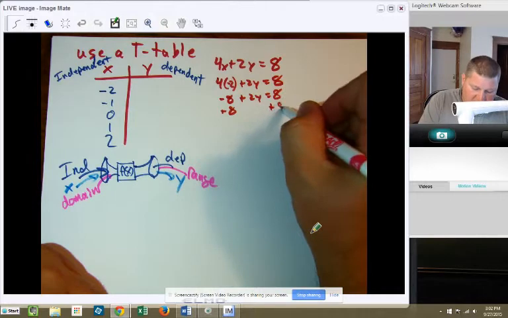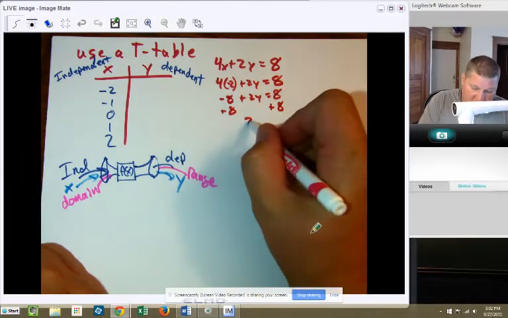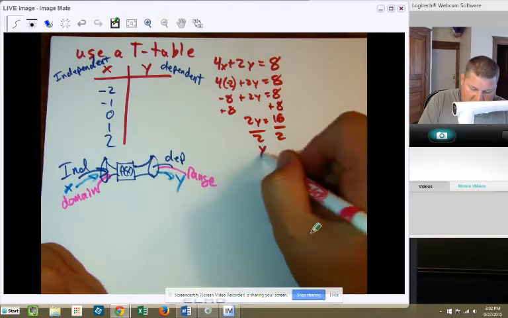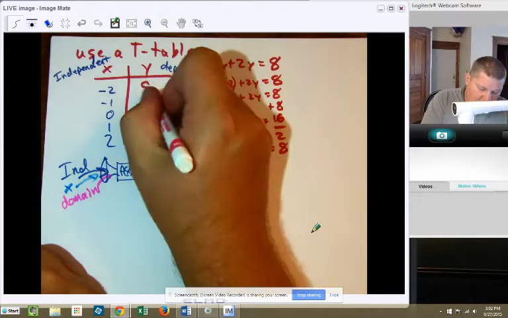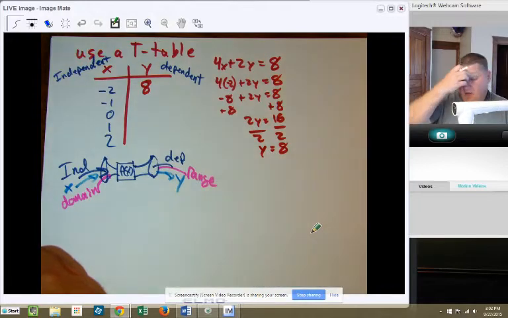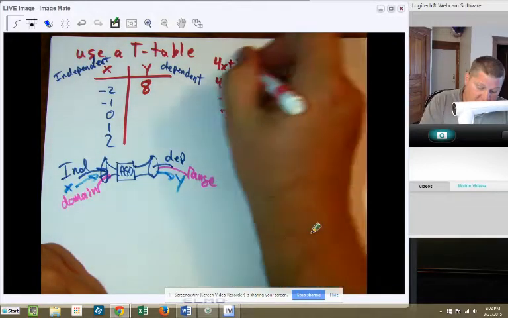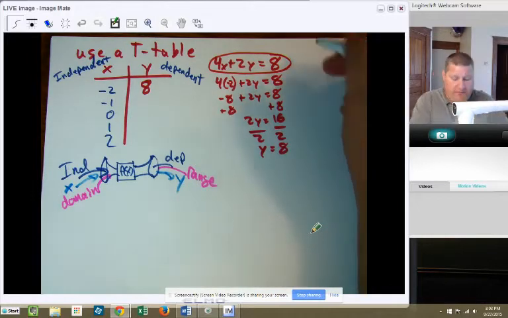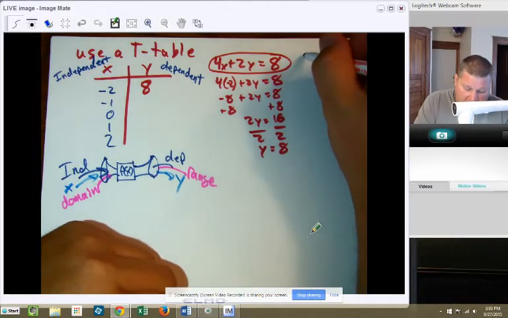And it becomes a real pain because just to get one value, I end up having to make about 5 or 6 steps. So I come up with +8.